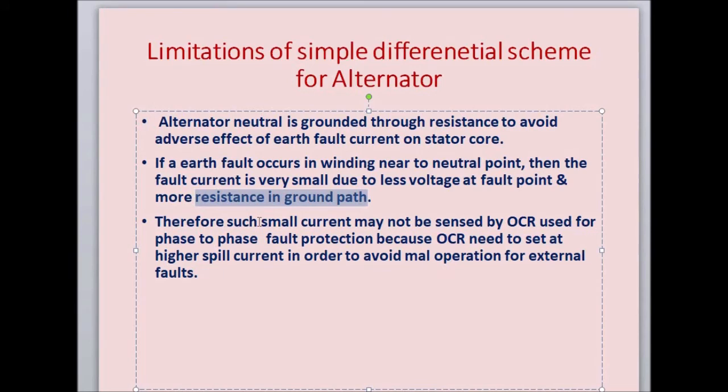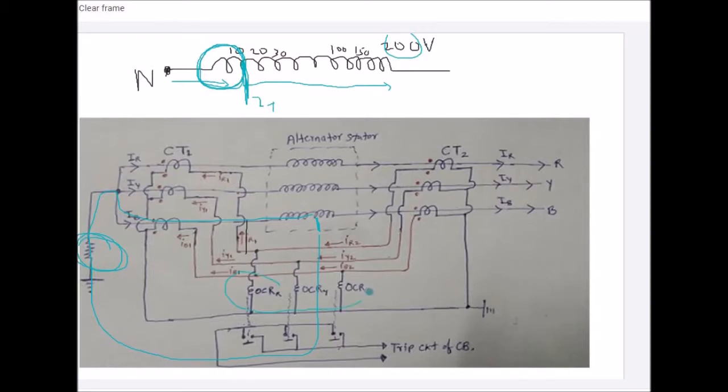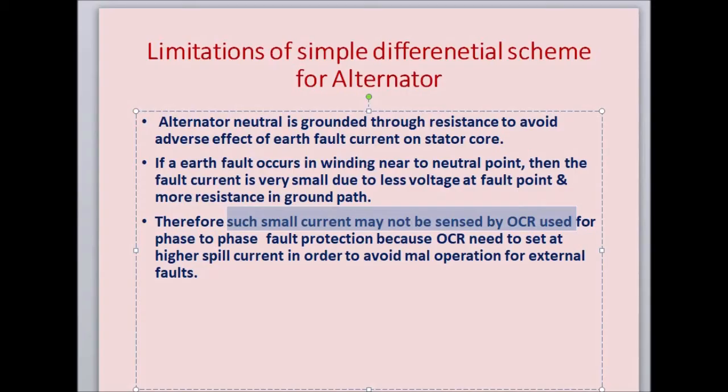Such a small fault current may not be sensed by the overcurrent relays used for the protection, because these overcurrent relays have to protect against phase-to-phase fault also, and their setting should be somewhat higher. If an external through fault occurs on the system, a small spill current may flow through the overcurrent relay, and the relay may maloperate.